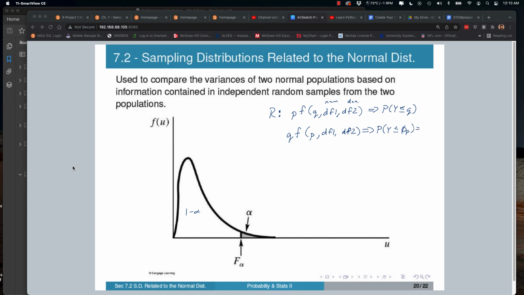So you'll find phi sub p, or F sub alpha, if you will, when you plug this in, and the value there will represent y being less than or equal to that value. That gives you p, which you usually know. So anyway, the qf function finds this.